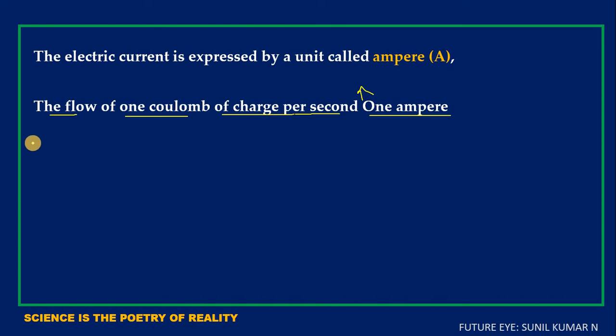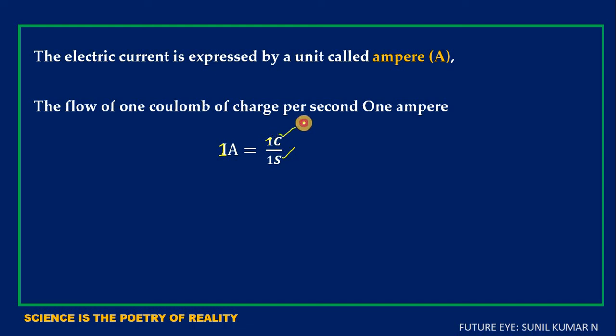To understand this definition, let me take the current-finding formula, children. That is I is equal to Q by t, where the current unit is ampere, hence I have written A here, the Q unit is coulomb, hence C, and the time unit is second, hence S. So for all of them give one value. So this is 1, this is also 1, and 1 second.